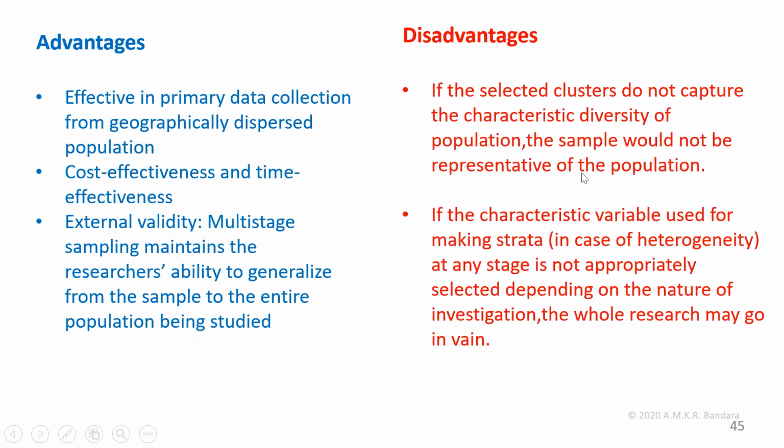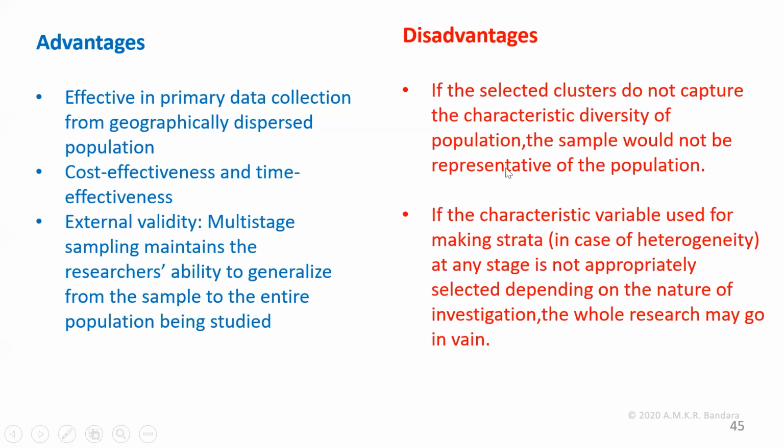Disadvantage: if the selected clusters do not capture the characteristic diversity of the population, the sample would not be representative of the population. So here, if the selected province is homogeneous, then it will not represent the other characteristics of individuals.